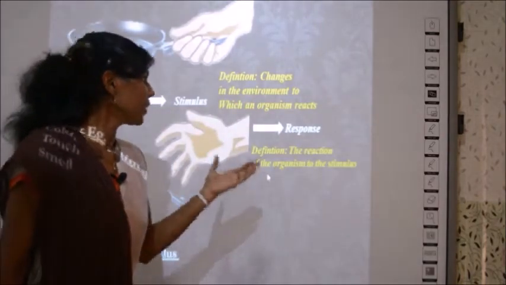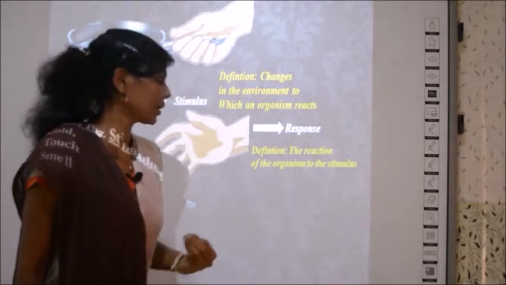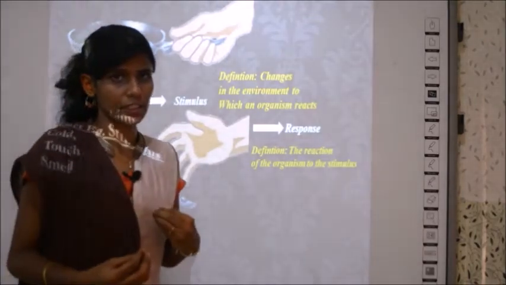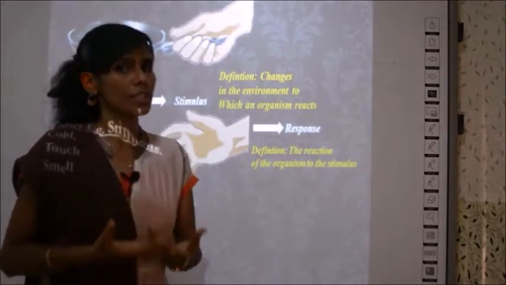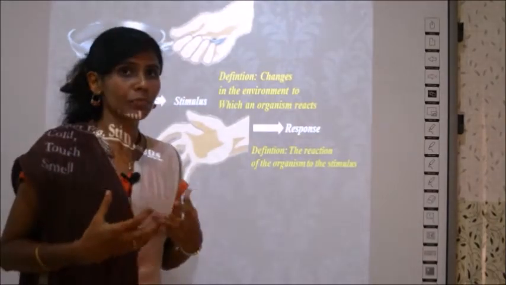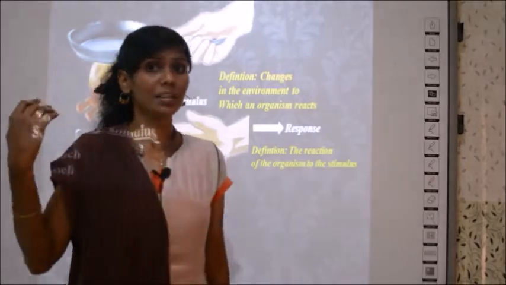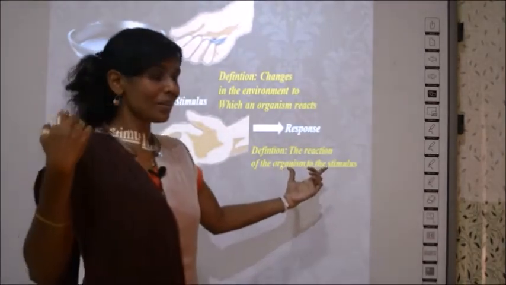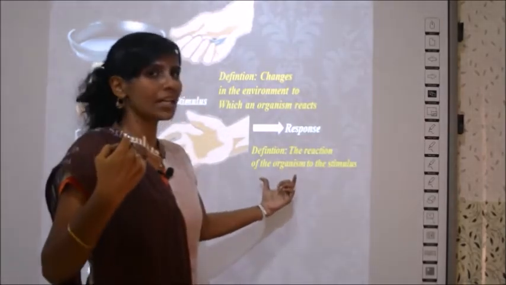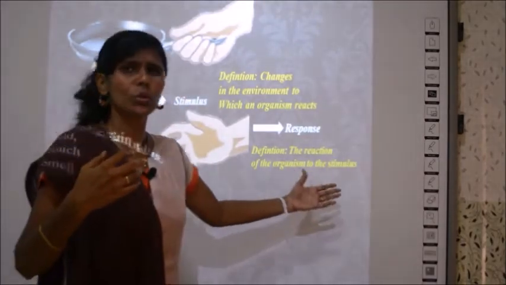What does it say? The reaction of the organism to the stimulus. What is the reaction? The reaction was taking the hand away from the pan, of the organism, that is the man, to the stimulus.